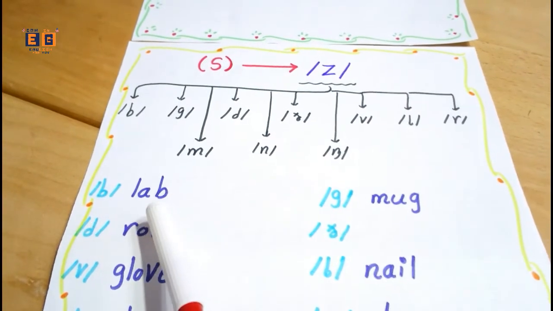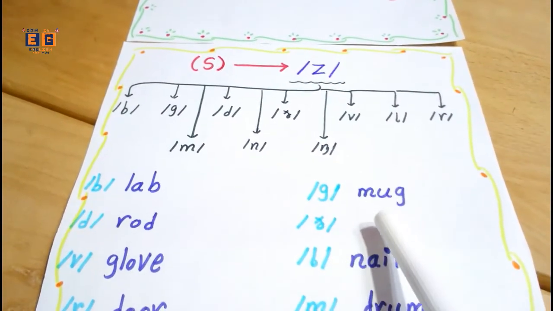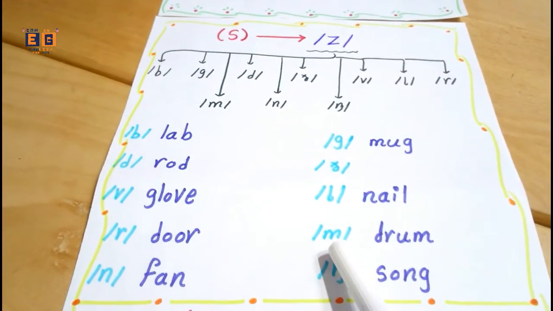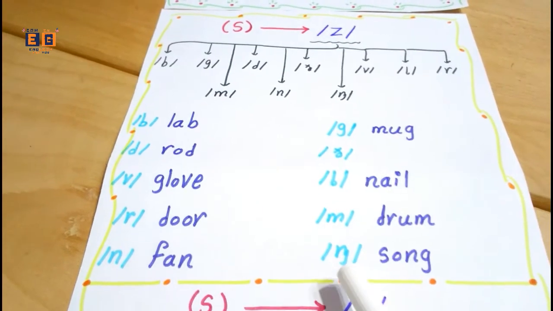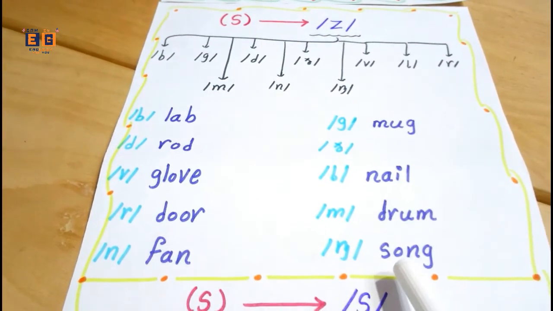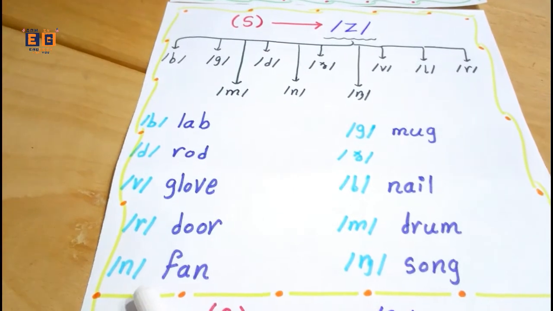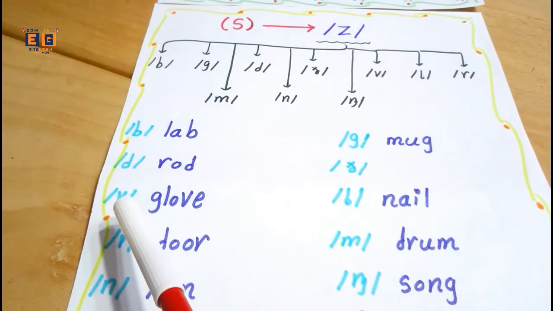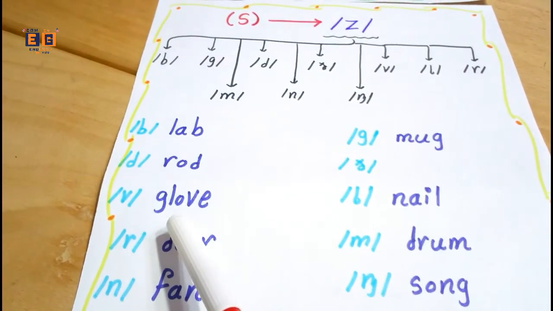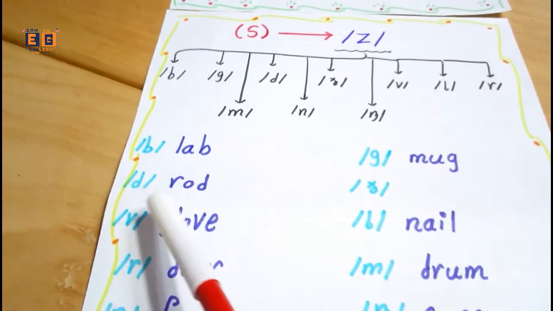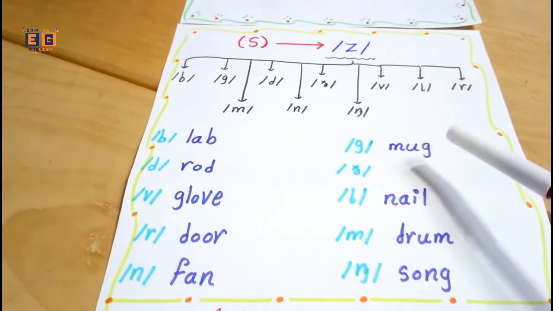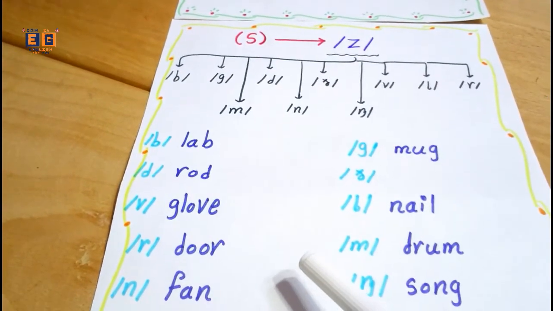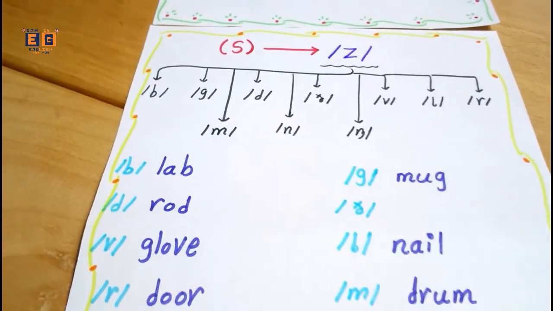P sound like word lap, g sound like word mug, l sound like word nail, m sound like word drum, ng sound like word song, n sound like word fan, r sound like word door, v sound like word glove, and d sound like word rod. Each of these endings makes letter S sound like Z sound.